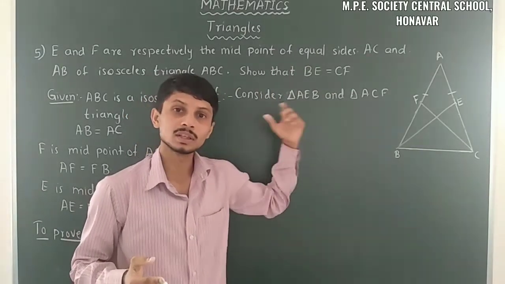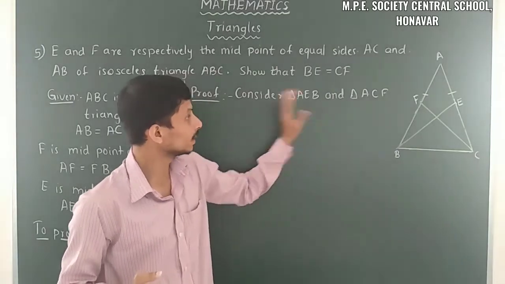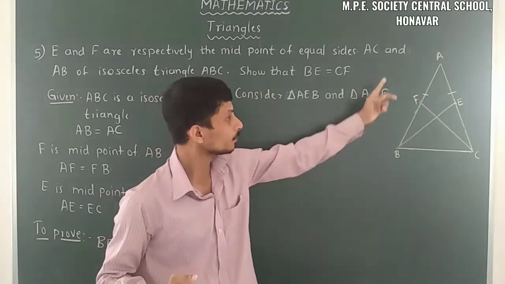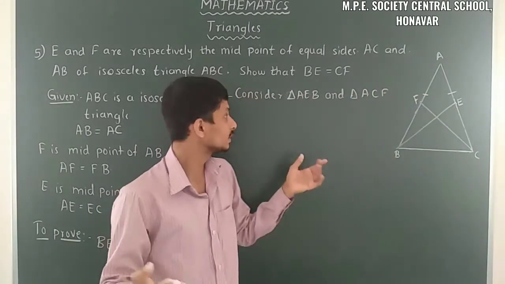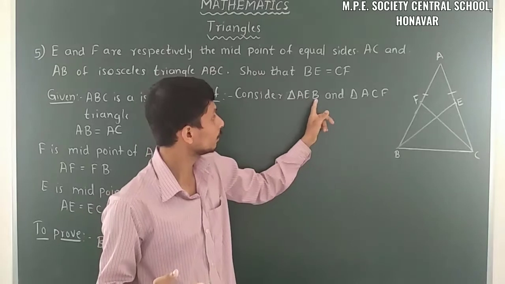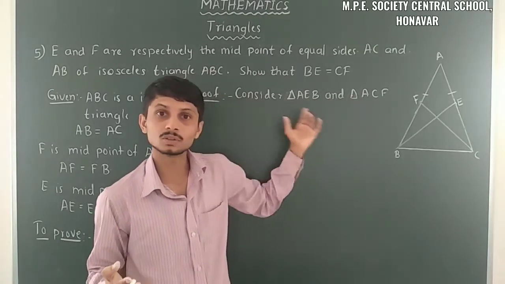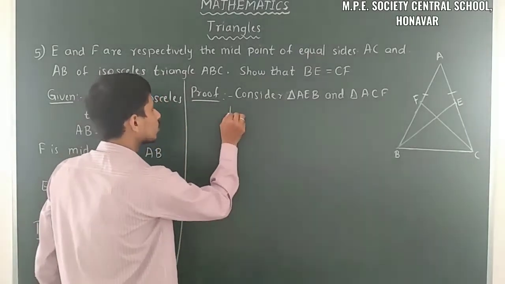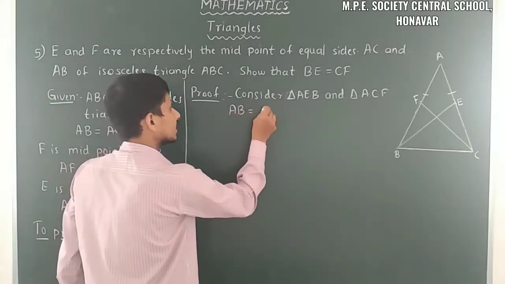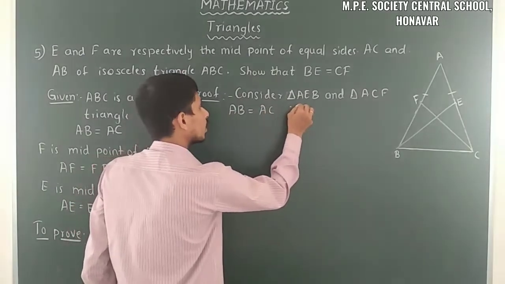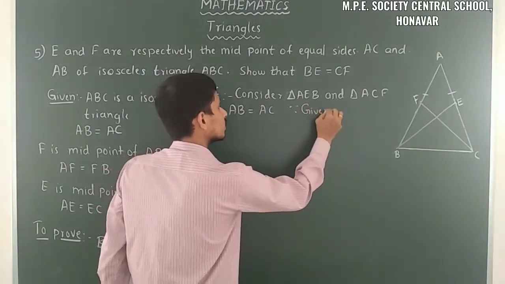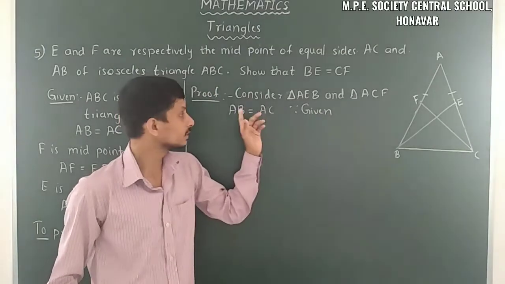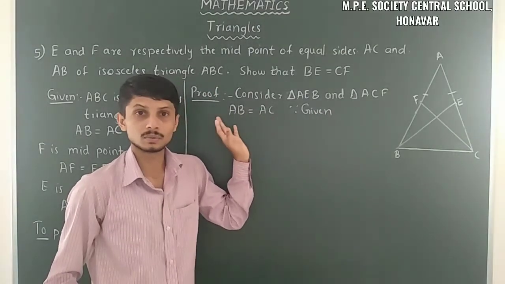In triangle AEB, AB is one of the parts, and in ACF, AC is one of the parts. So AB and AC are corresponding parts here. AB is equal to AC because it is given: ABC is an isosceles triangle, in which those two sides are equal.